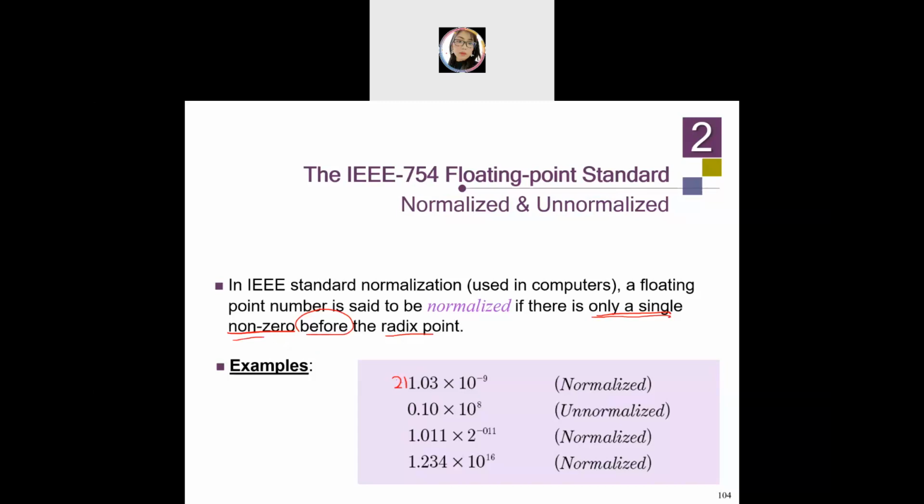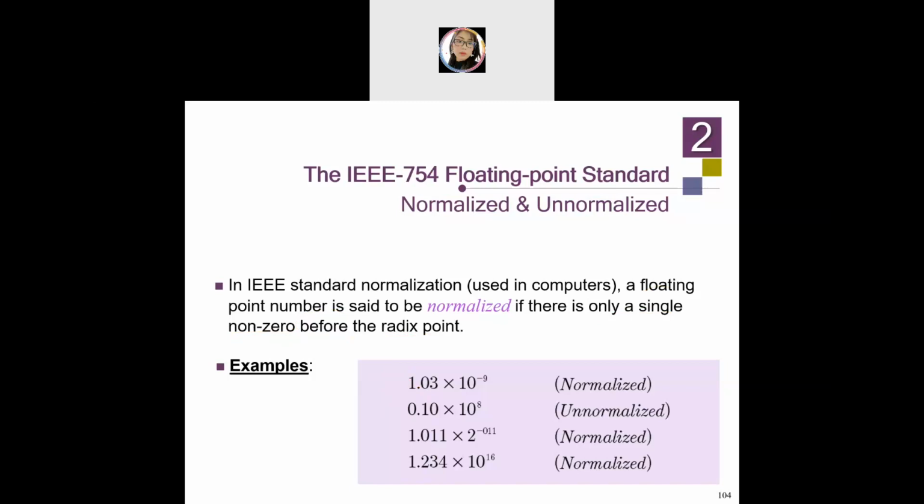You cannot, because you have 1, 2, 3 non-zero digits before the radix point. So you need to move the point 1, 2 places until there is only a single non-zero. Only one non-zero number before your radix point. That is IEEE normalization.